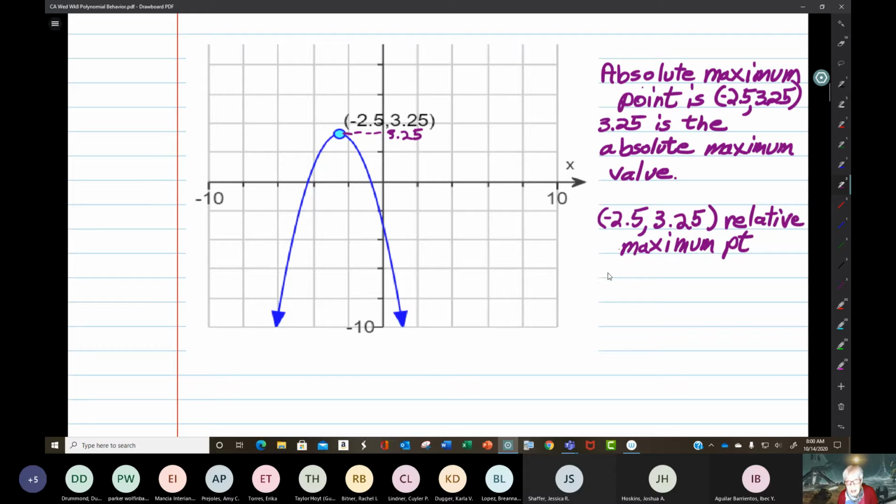And 3.25 is the relative maximum. Now, to be consistent, I should have made this in green, but I didn't. Relative maximum value.